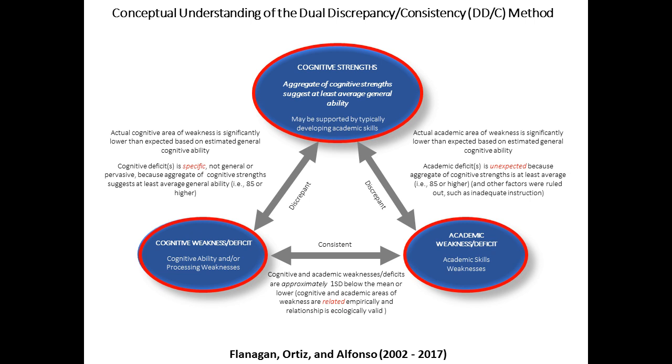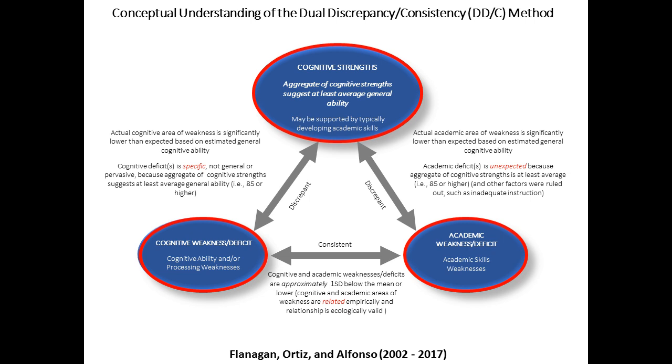Historically, SLD has always been described as a condition where you have circumscribed cognitive processing weaknesses within a sea of strength, or that stand in stark contrast to the individual's other obvious capabilities. So the cognitive strengths are important as well. So there's agreement on all of those factors.